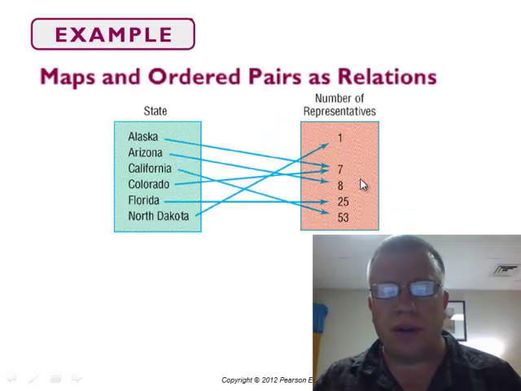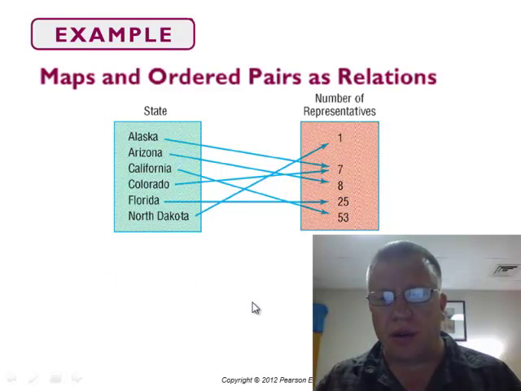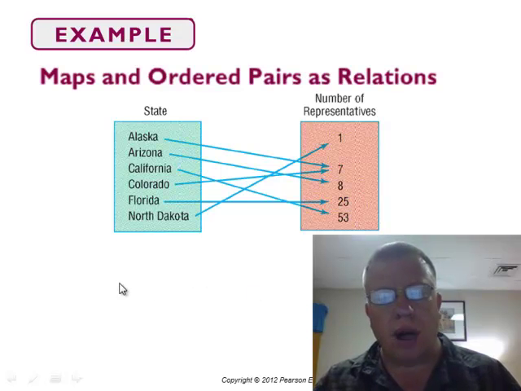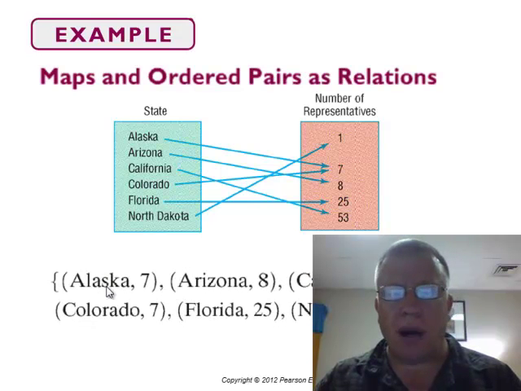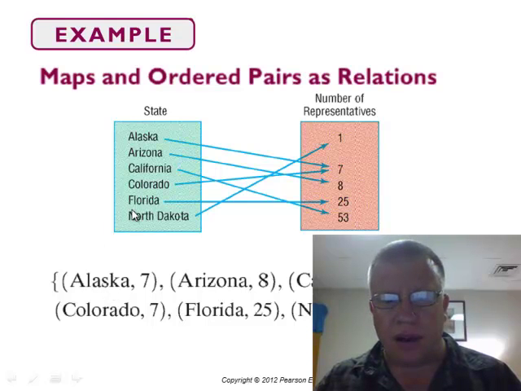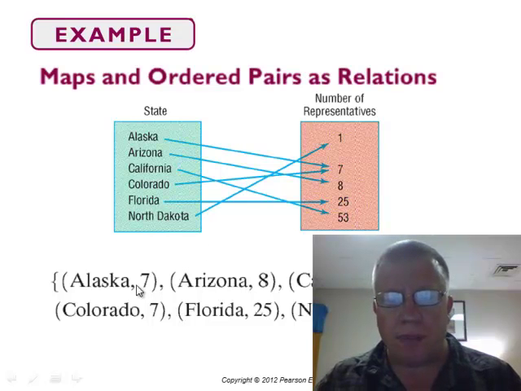So what we're looking at here is another relation, a relation between states and the number of representatives. So you notice that each state is going to be assigned a number of representatives that state has in Congress. Those are ordered pairs. Alaska, 7 is one ordered pair. Arizona, 8 is another ordered pair, and we've got all these other ordered pairs.